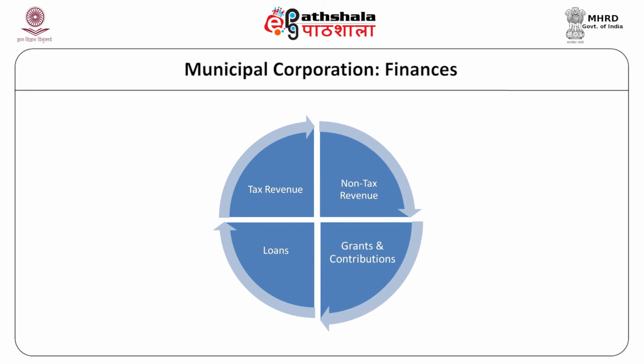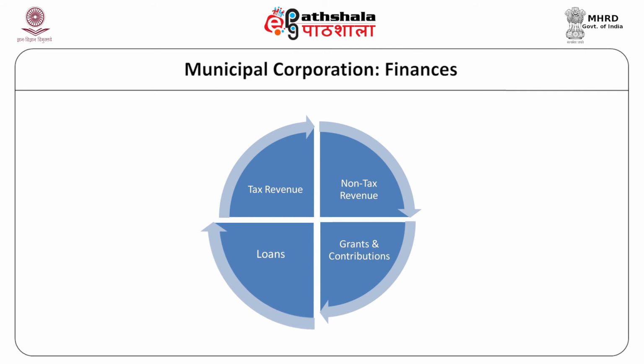Grants and contributions. Due to insufficient funds at the disposal of the municipal corporations, the state governments and even the central government provide them grants for various schemes, and contributions may be from the local people and the industry, forming a substantial part of the financial resources. And last but not the least, loans.